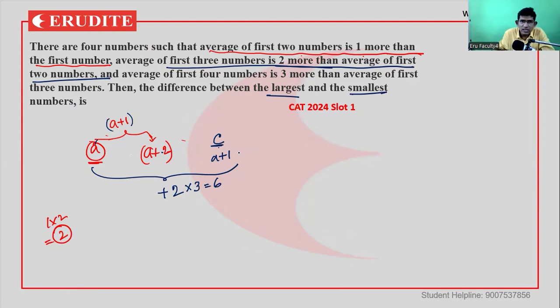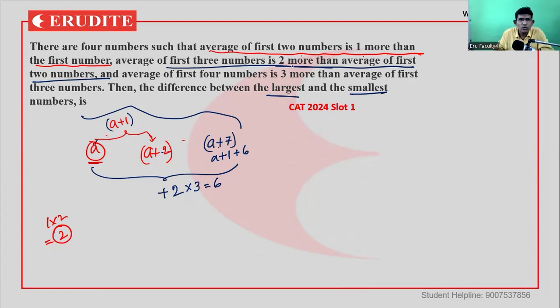That means the third number must be A plus 1 plus 6, which means the third number must be A plus 7. This I can say. Fine. So, keeping this in mind, now what's the average of the 3 numbers?